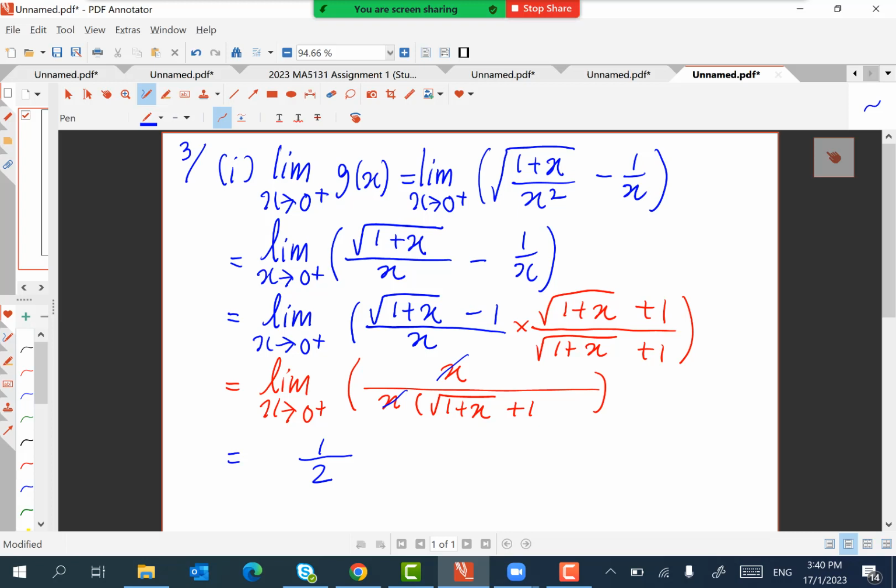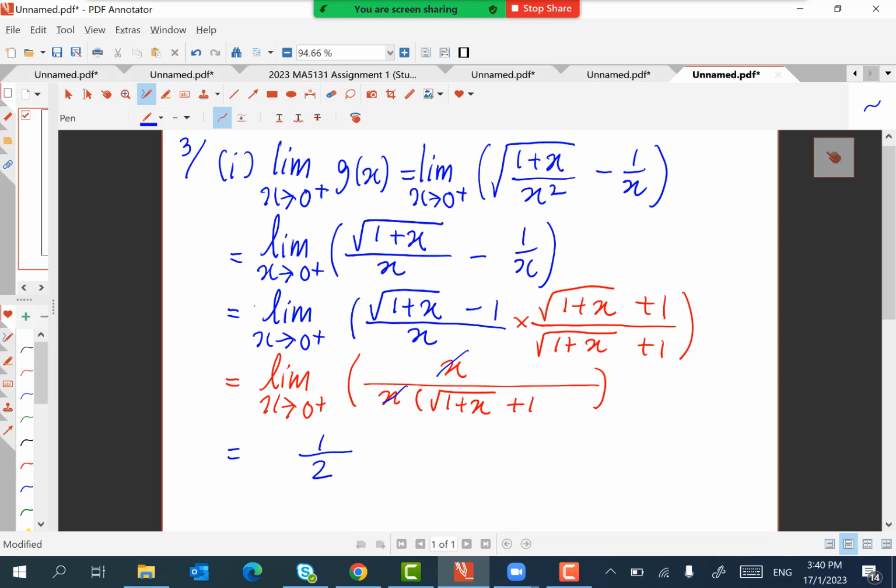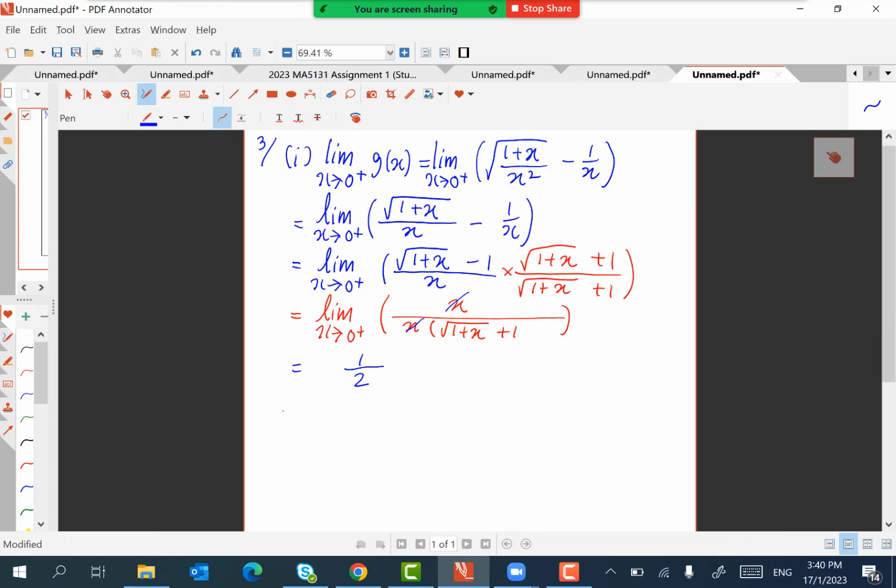Now, how do you do 3 part 2? To do 3 part 2, to answer the continuity question again, we again have to look for the limit. In part 2, you now have to work out the limit as x approaches 0 from the left. Okay, can you all try?